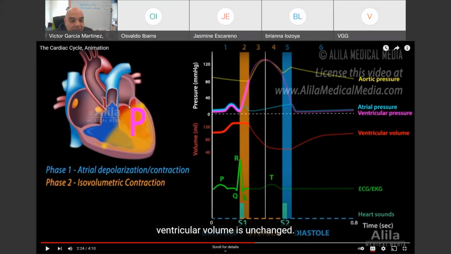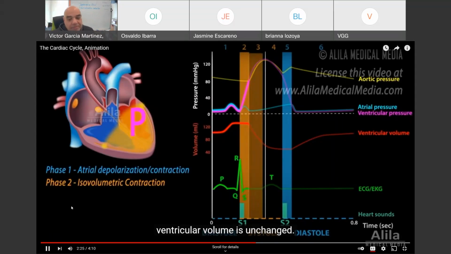The AV valves are closed, the semilunar valves are closed, and we have the action potential in your ventricles. Then the ventricles start to contract because you have blood inside. The pressure inside the ventricles is increasing, and ultimately they're going to open these 2 valves, the semilunar valves, at the beginning of the third stage.